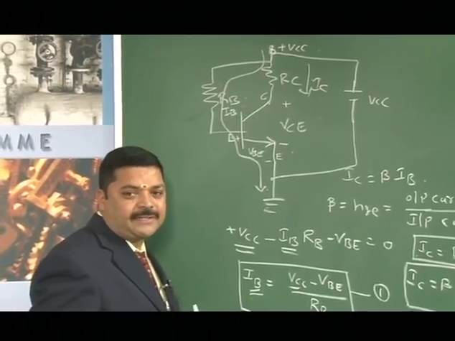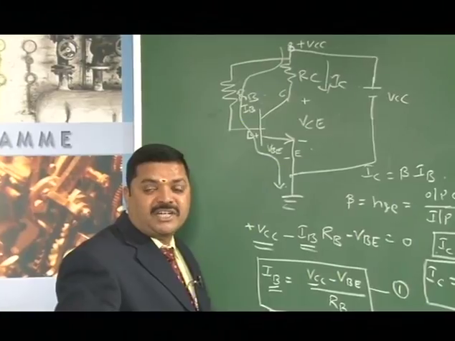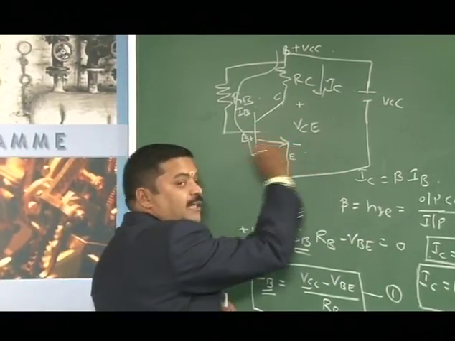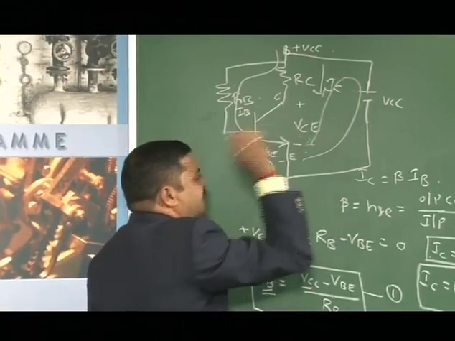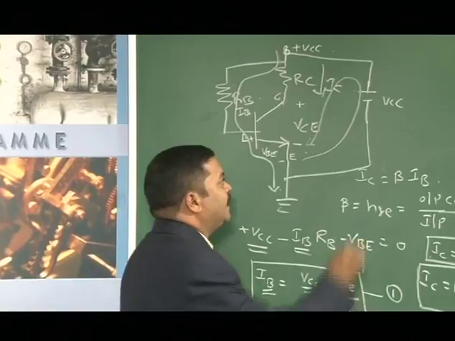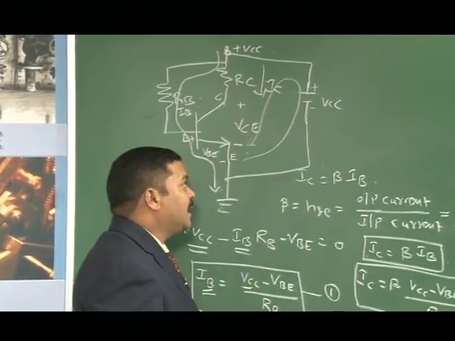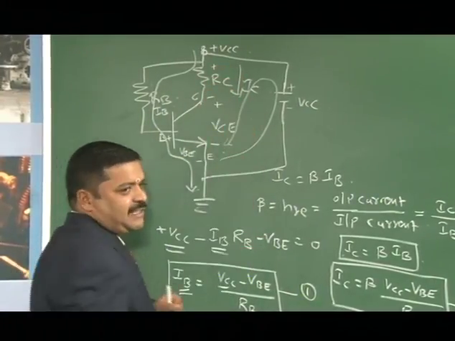I told you yesterday in the last class, KVL plays a very important role in biasing. So let us apply KVL to find out VCE. Applying KVL to the output loop in this direction, as I told you, minus to plus I will take as positive, and plus to minus I will take as negative. It is a conventional thing.